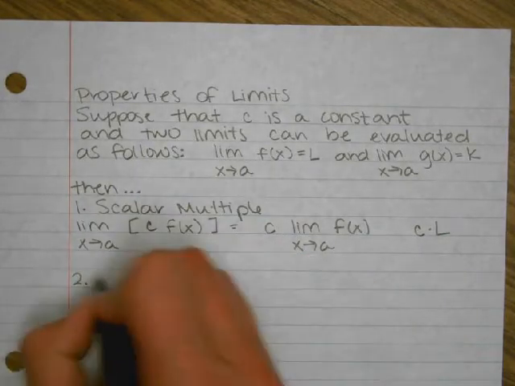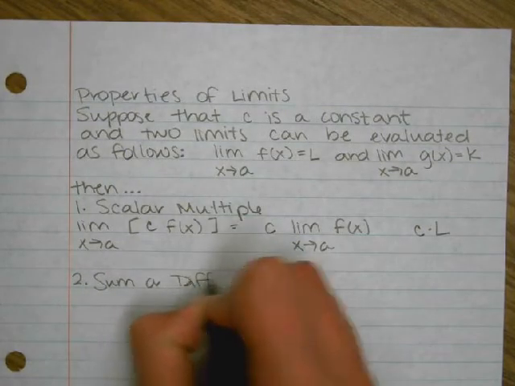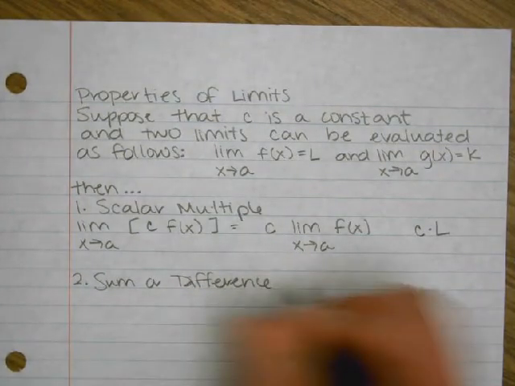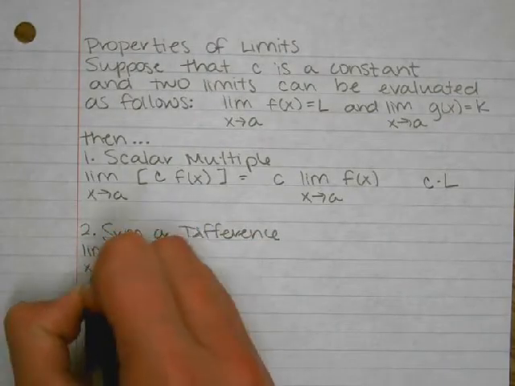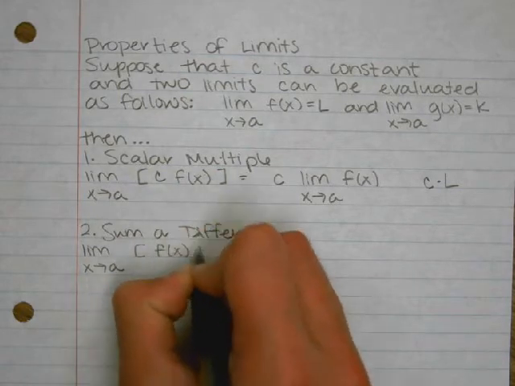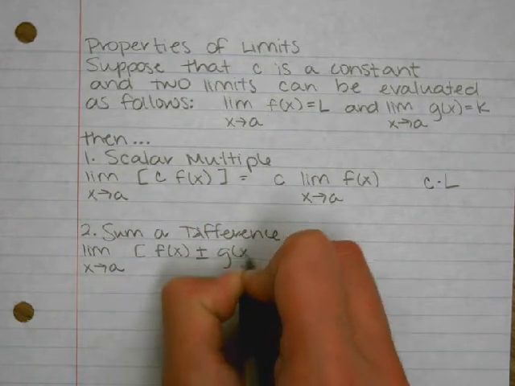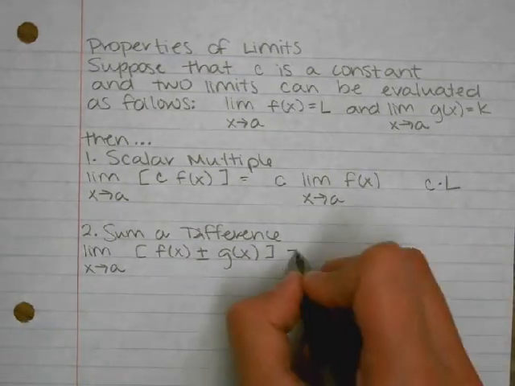The next is going to be sum or difference. If you have the limit as x approaches a of f of x plus or minus g of x, it doesn't really matter if you're adding or subtracting these, that's exactly the same.